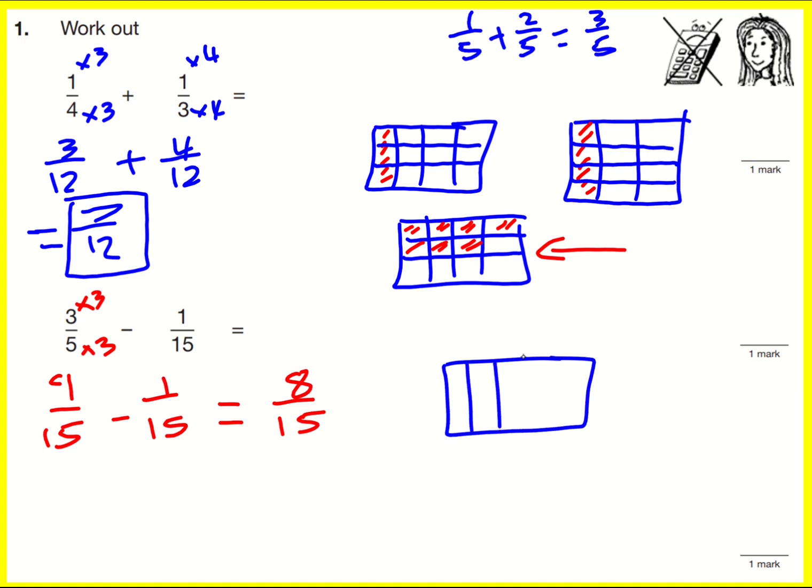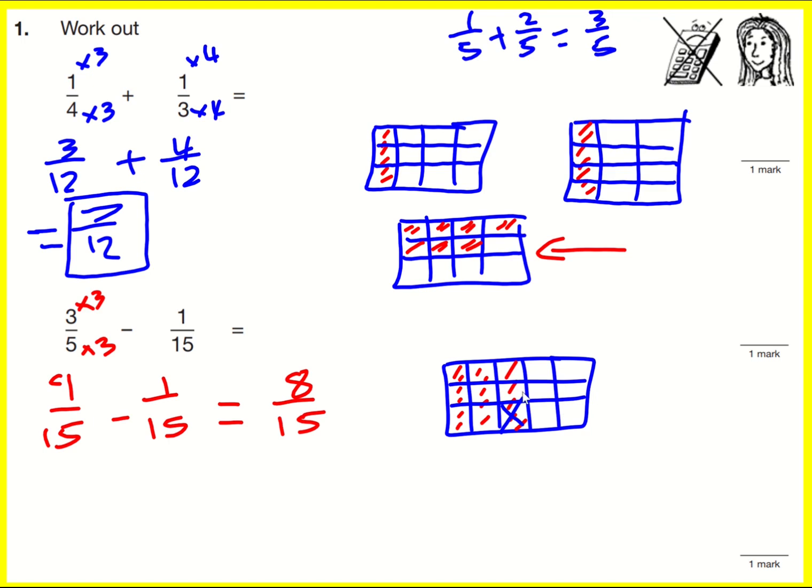So 1, 2, 3, 4, 5. You can see I've got this shaded, and now I'm going to split it into 3 this way, and we get our 9/15. There's 15 boxes, 9 of them are shaded, and then we're taking one of them away, that one there, for example, that leaves us 8/15.